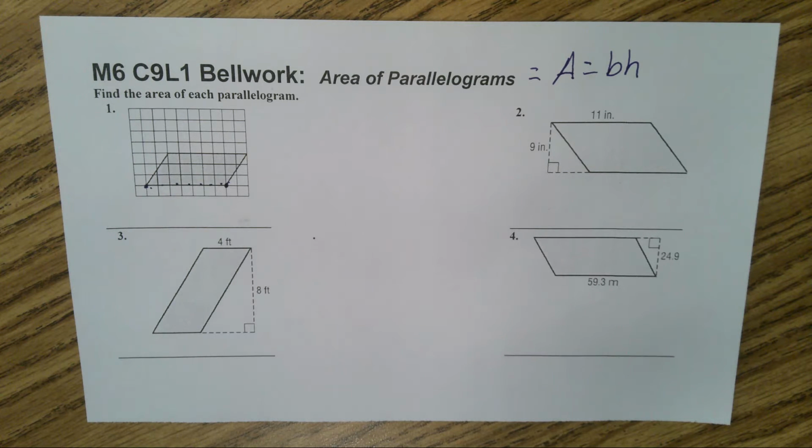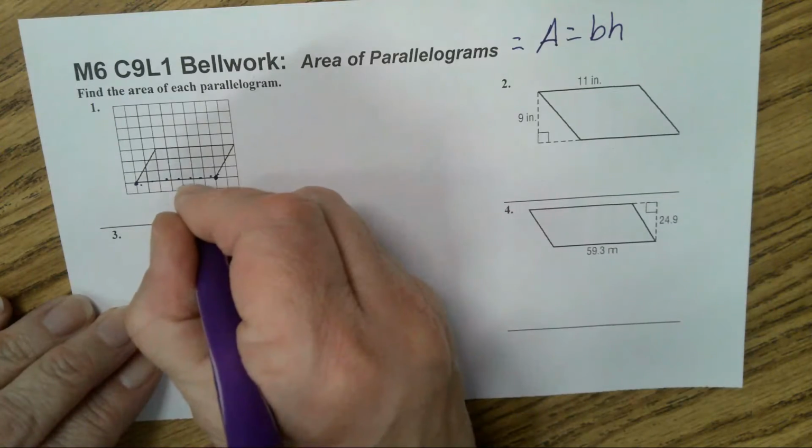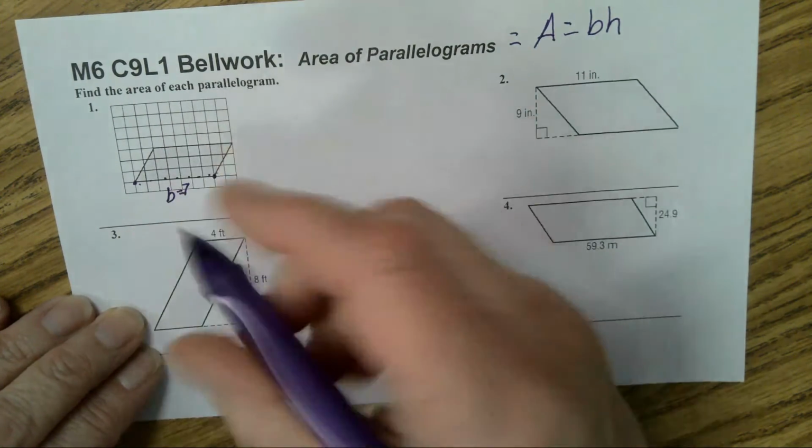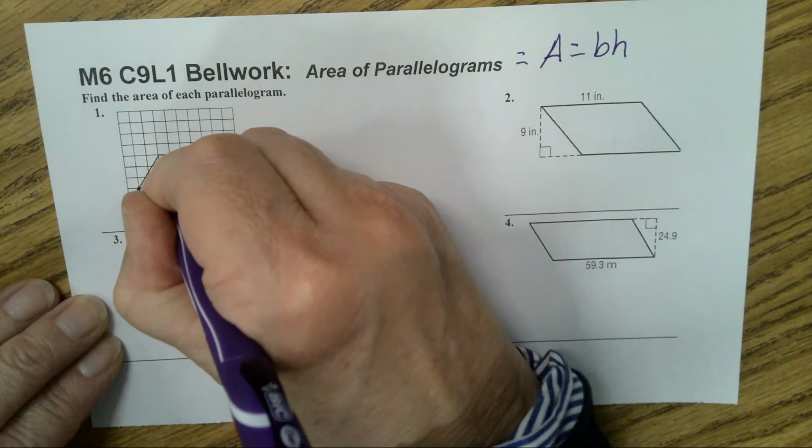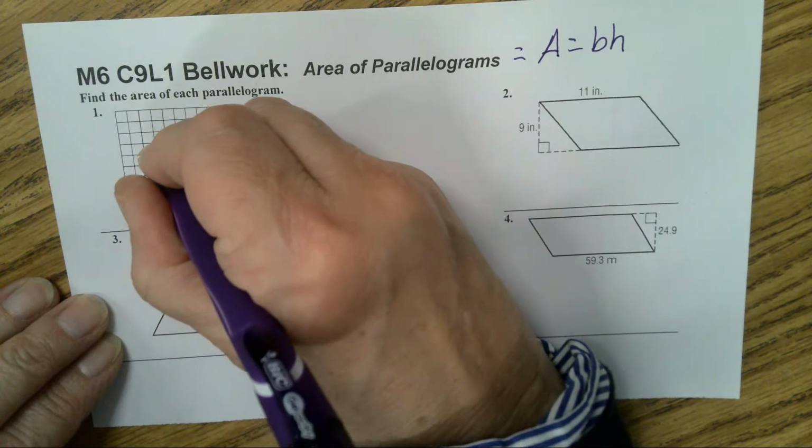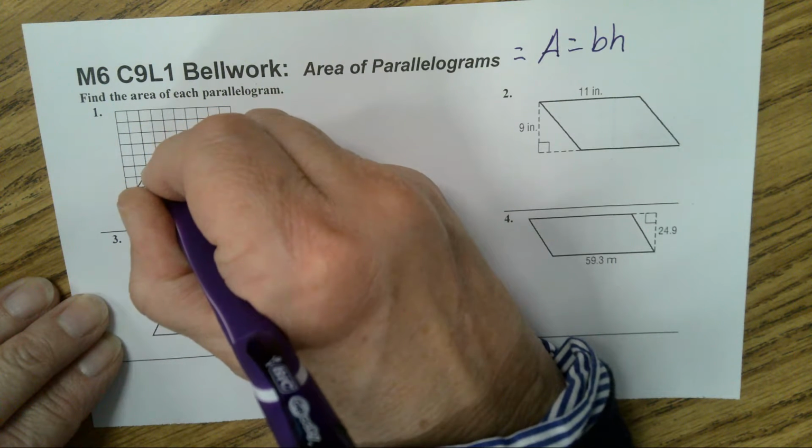area of a parallelogram. We discussed that the formula is base times height, and the base is the perpendicular distance between our parallel lines. All right, so in number 1, 7 is the base, and the height is going to be the perpendicular distance from here to here. 1, 2, 3.